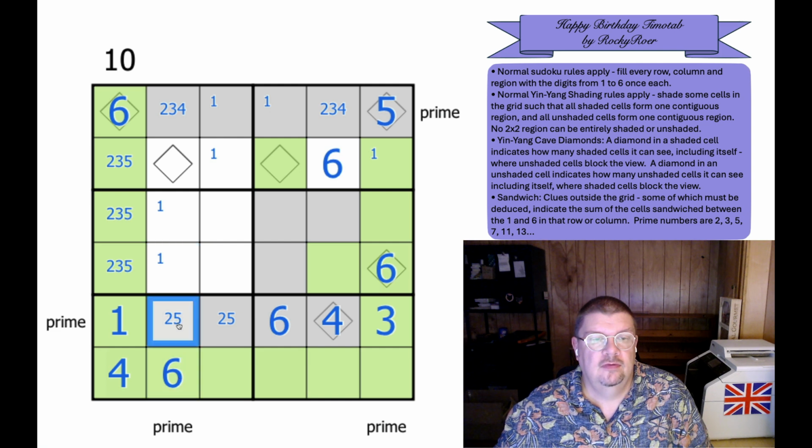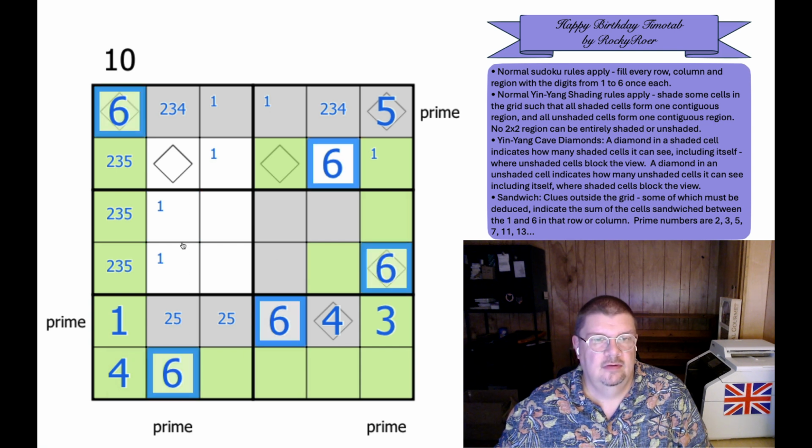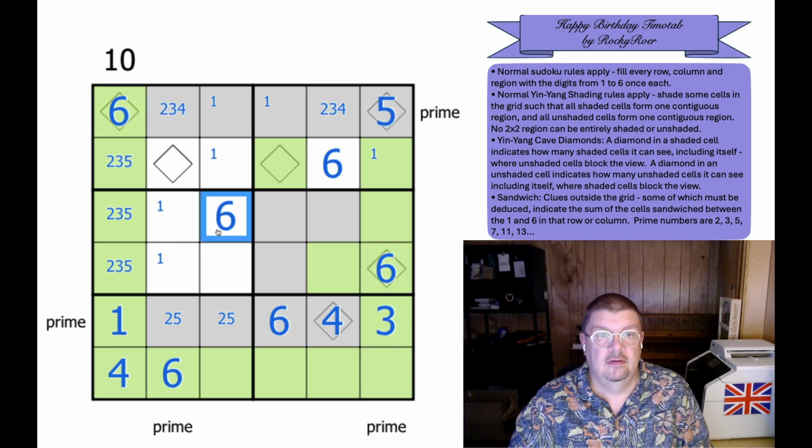It could be 6, 2, 1. It could be 6, 2, 3, 1. I don't think I know that yet. But I can place a 6. I must be able to place a 6 because I think I've got 5 sixes. Yes. So that is a 6.